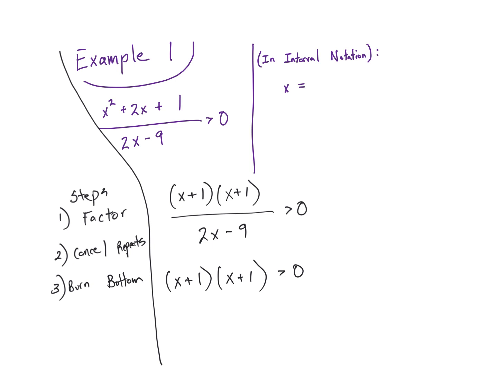And why, meaning burnout, why does it disappear? Because if you multiply everything on the left side by this, won't it cancel out? And if you do that to the right side, what's 2x minus 9 times 0? So pretty much, if it's 0 on the right side, the bottom can disappear.